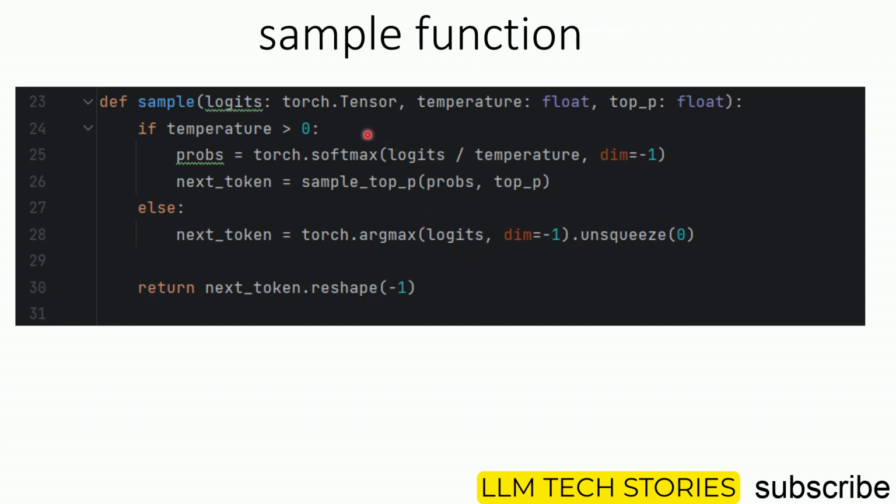So basically, a conversion from a one-dimensional tensor to a two-dimensional tensor with one row is happening, and that is assigned to the next token. Then the final line, the return statement, reshapes the next token into a one-dimensional tensor by flattening. It ensures a single dimension regardless of its original shape, and this reshaped tensor is what is returned by the sample function.